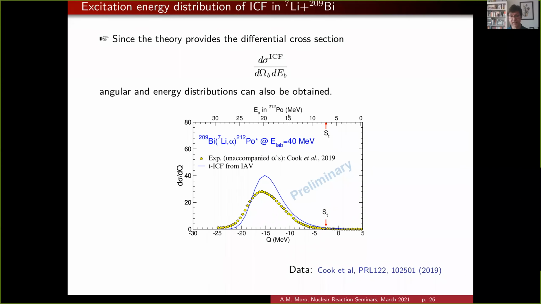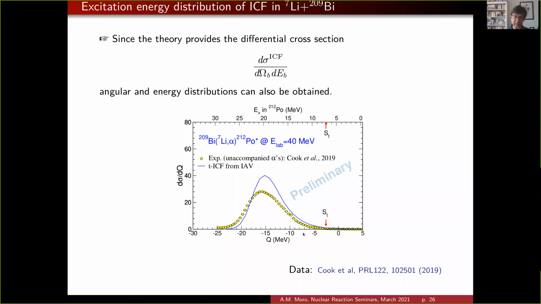So this is the compound nucleus that results from the Triton plus bismuth system. In excitation energy, there is a region that corresponds to bound states, and this does not contribute to complete fusion, and then we have the Triton threshold, and this goes into the continuum. So you see, well, the agreement is not far from perfect, but I'd say that it's at least promising.